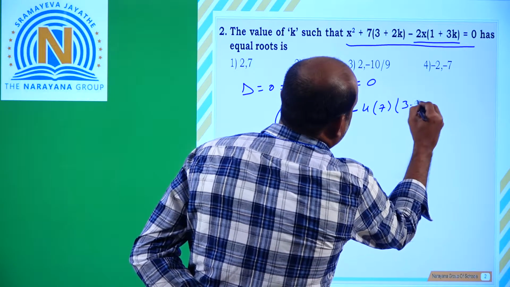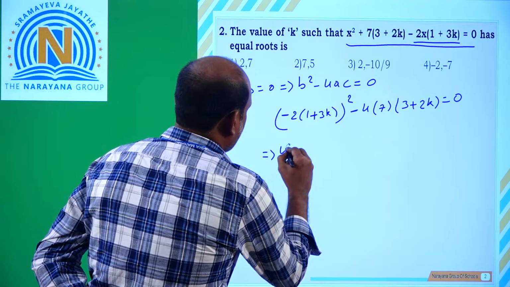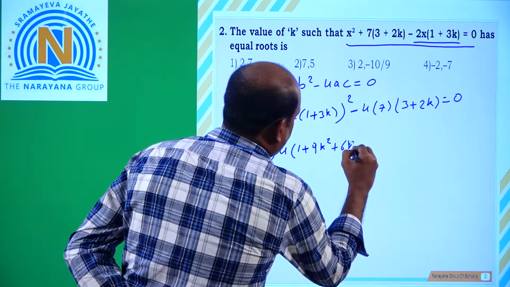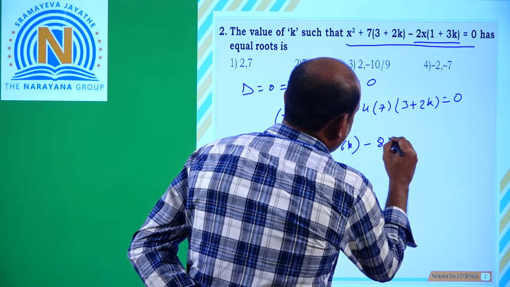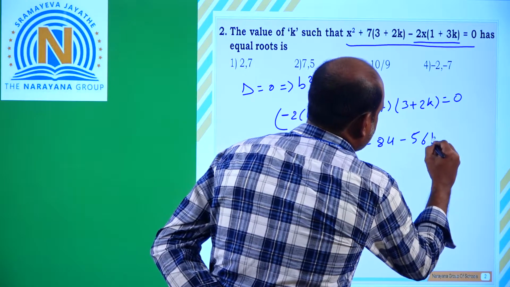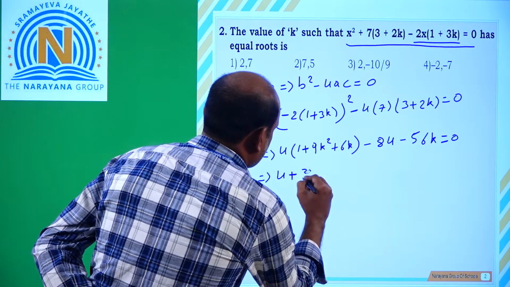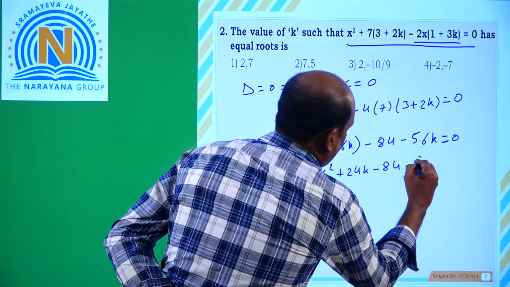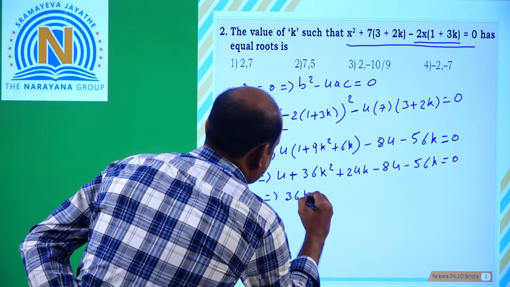7 into (3 plus 2k) is equal to 0, that implies minus 2 whole square is 4 into (1 plus 3k) whole square, that is 1 plus 9k square plus 6k, minus 4 7s are 28, 28 into 3 is 84, minus 28 into 2, that is 56k is equal to 0, that implies 4 into 1 is 4, plus 9 into 4 is 36k square plus 24k minus 84 minus 56k is equal to 0, that implies 36k square.